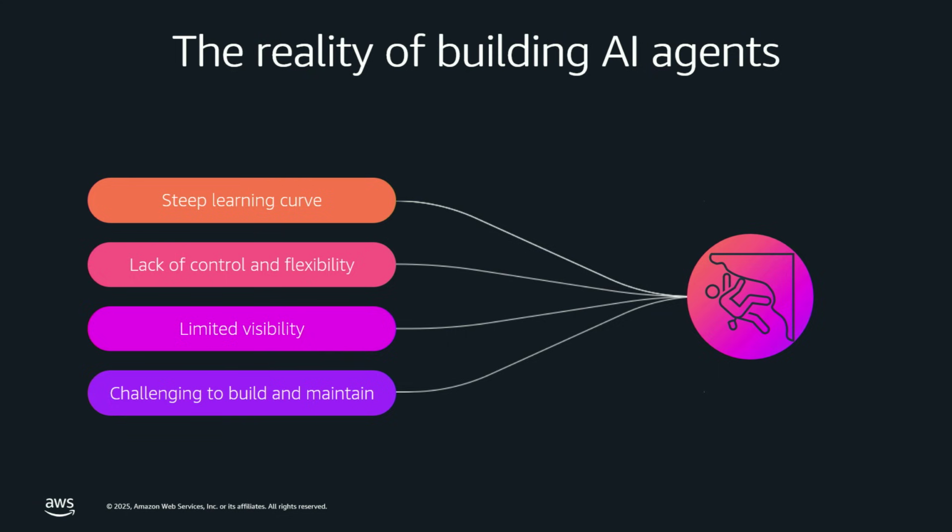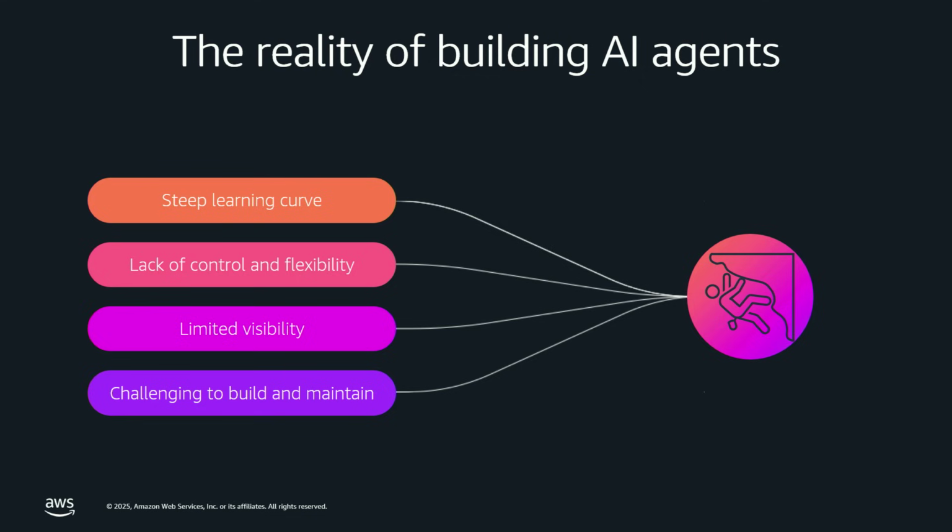When we speak to our customers on their journey in building agentic AI applications using traditional frameworks, we observed a consistent pattern in their feedback. Some of the top ones are: we need to write too much plumbing code to build the simplest agent, such as a chatbot.